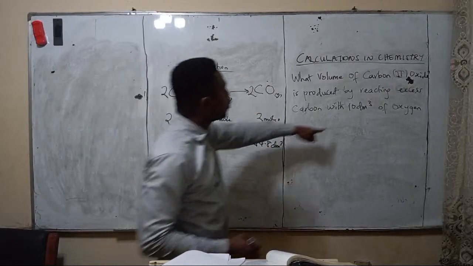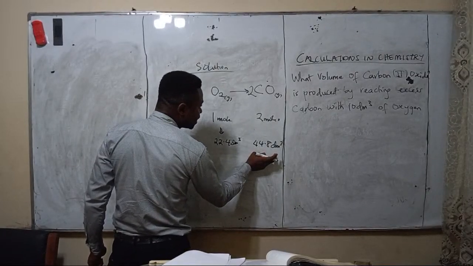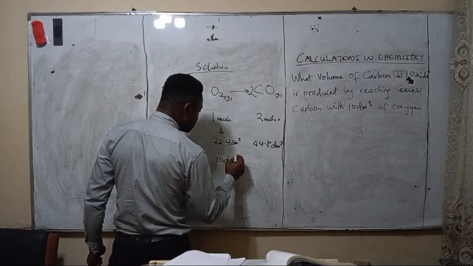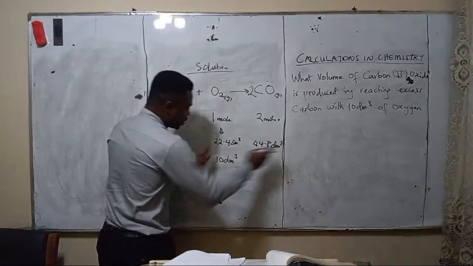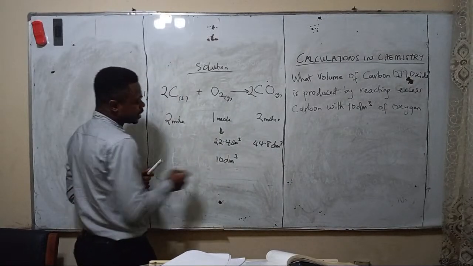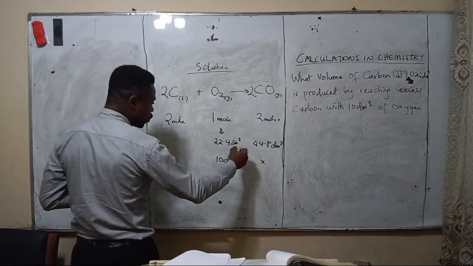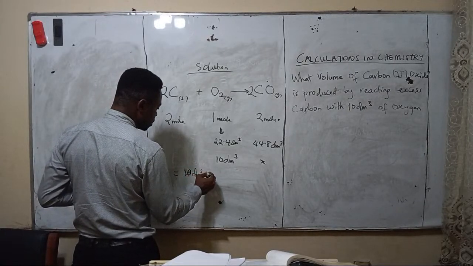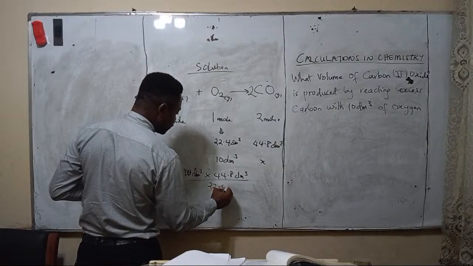But we are asked what will be produced when 10 dm cube of oxygen reacts. So if 22.4 dm cube yields 44.8 dm cube, what volume will be produced when 10 dm cube reacts? 10 dm cube of oxygen will yield X. We don't know, so we call it X. If we cross multiply, X becomes 10 dm cube times 44.8 dm cube over 22.4 dm cube.